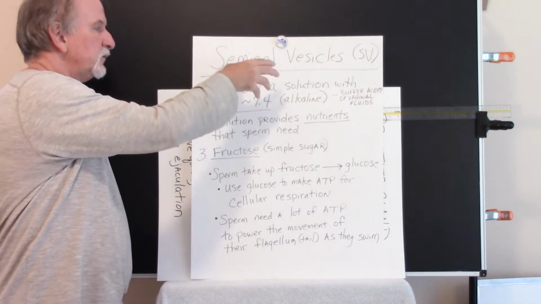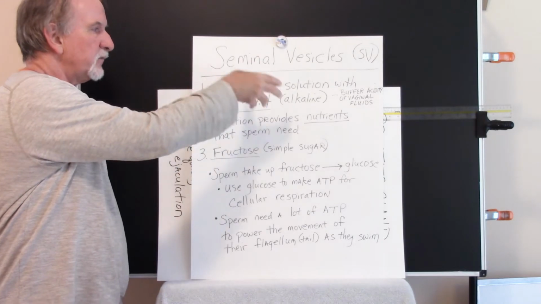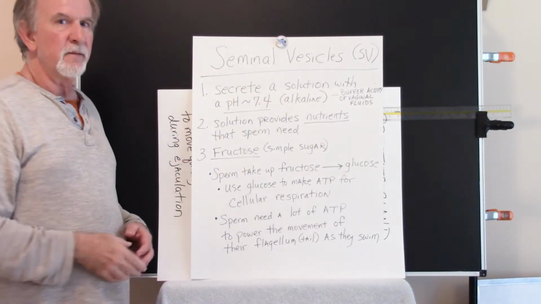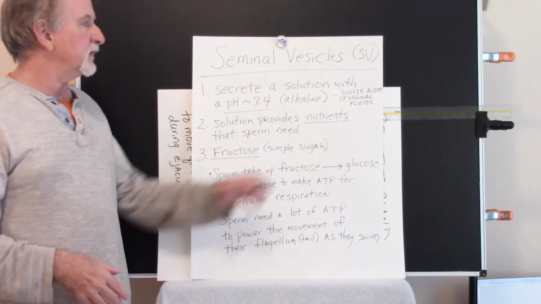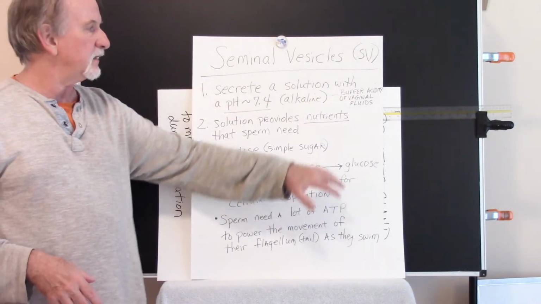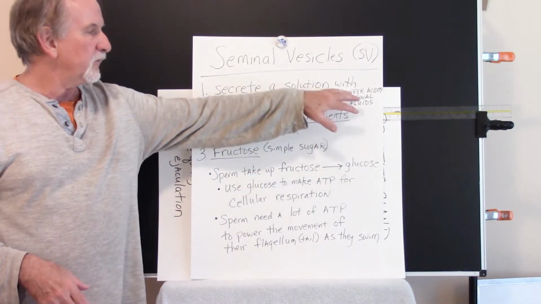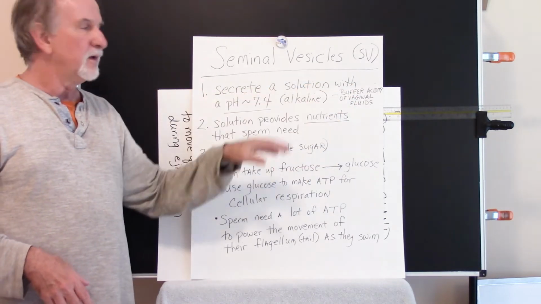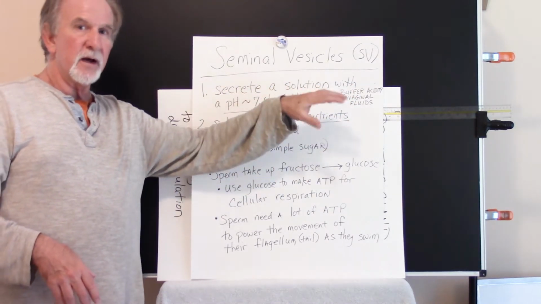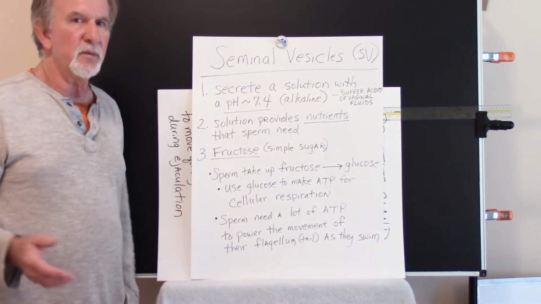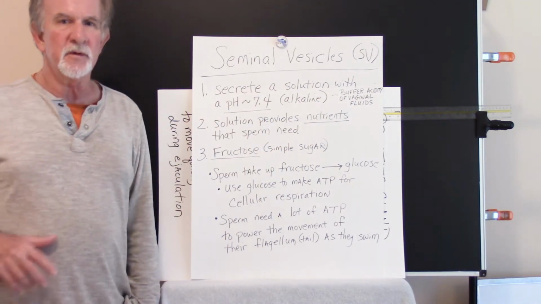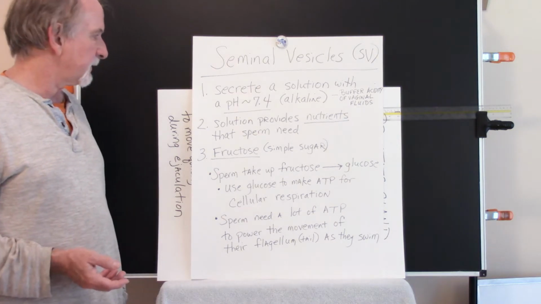And a solution with a pH of 7.4 is important because when it mixes with the vaginal fluids, it will buffer the acidity of the fluids in the vagina, bringing the pH up from 4.5 to a pH of 6, which is the optimal pH at which sperm swim the best.